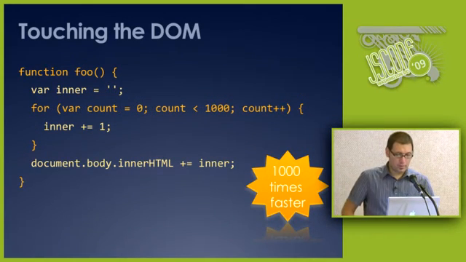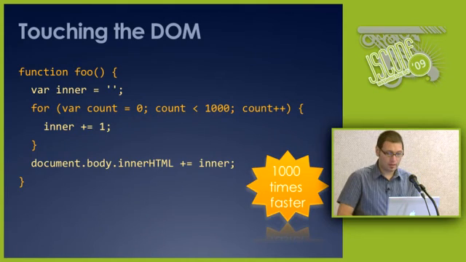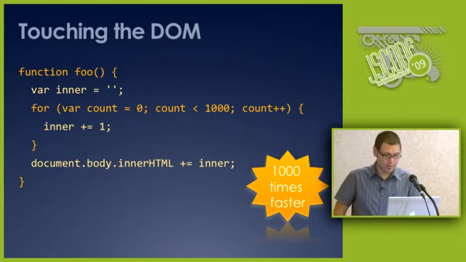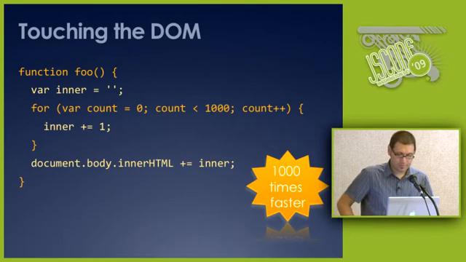If you do it this way, where you have a local variable and update that local variable, you touch the DOM only twice, instead of 2,000 times. This is actually 1,000 times faster than if you access the innerHTML directly. So it's quite a change.